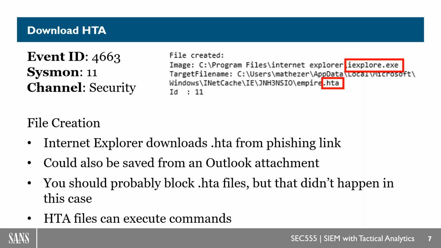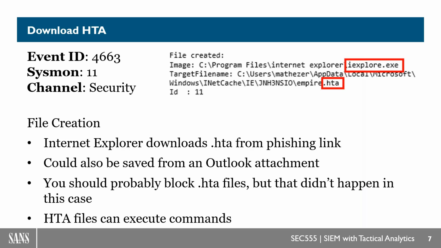But we can see that Sysmon saw a file created. I used PowerShell Empire to create an HTA file because that was a nice, easy way to do it. And we can see that Internet Explorer is writing that HTA file into its cache. So this is detected by Sysmon event ID 11.